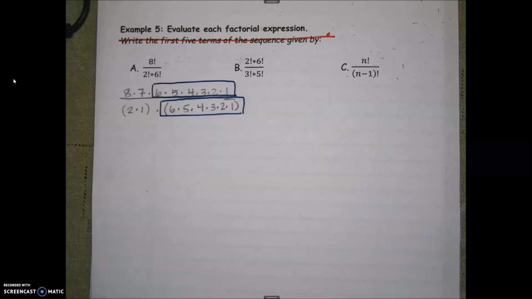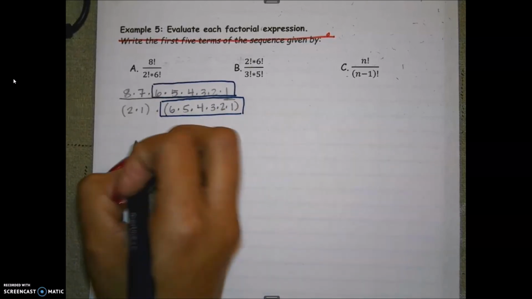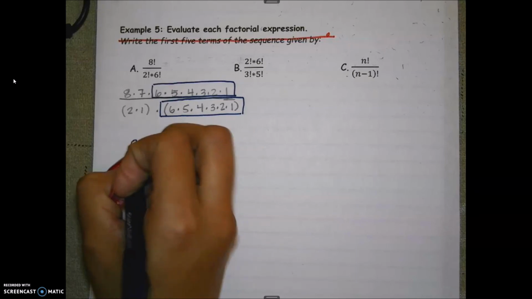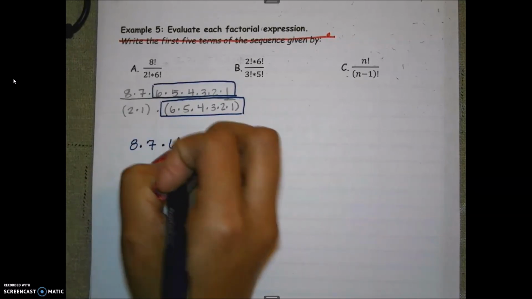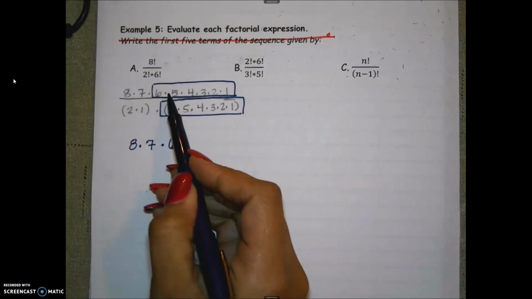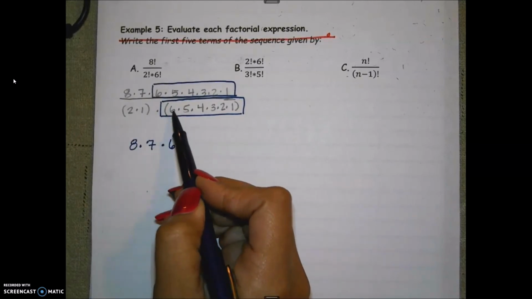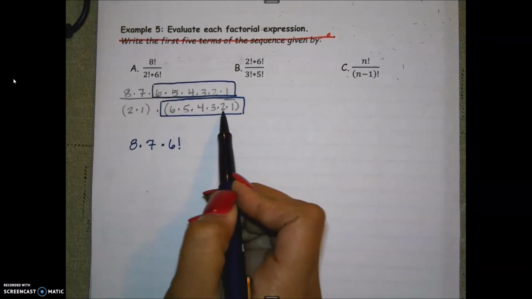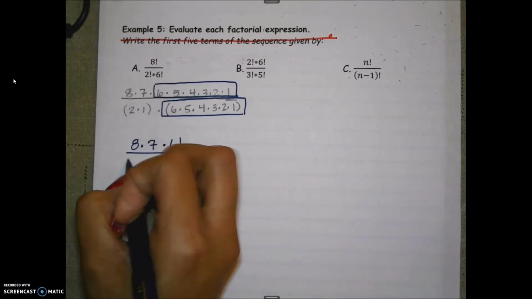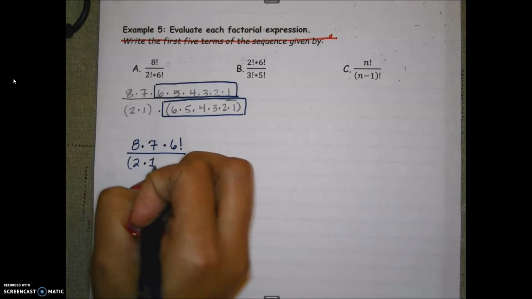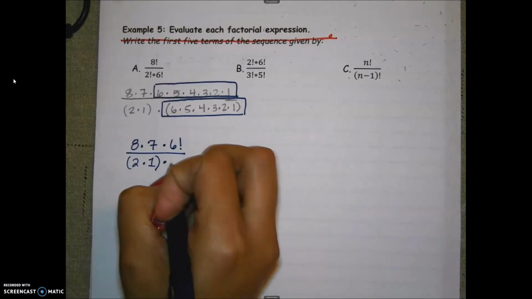So another way of writing it would have been 8 times 7 times 6 factorial, because 6 factorial is 6 times 5 times 4 times 3 times 2 times 1, divided by 2 times 1 times 6 factorial.